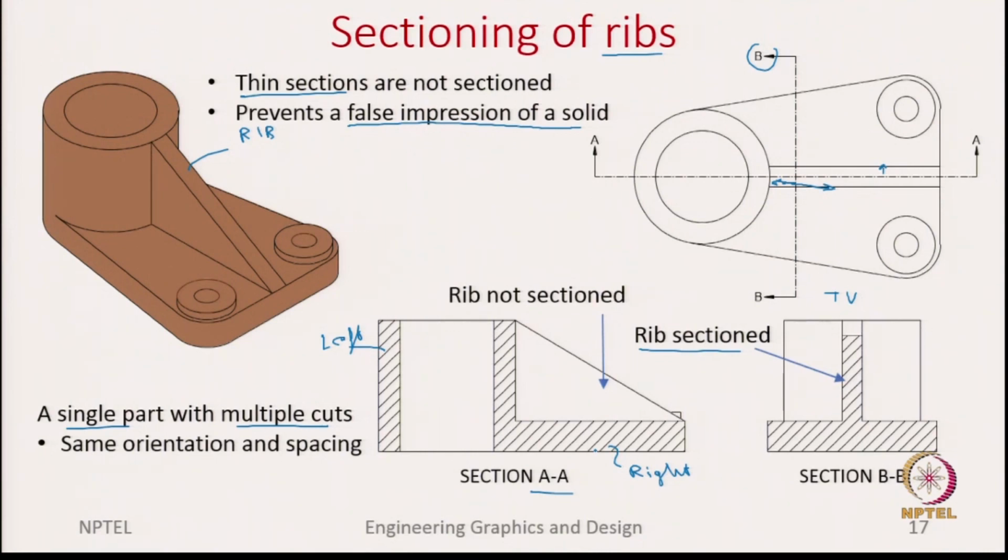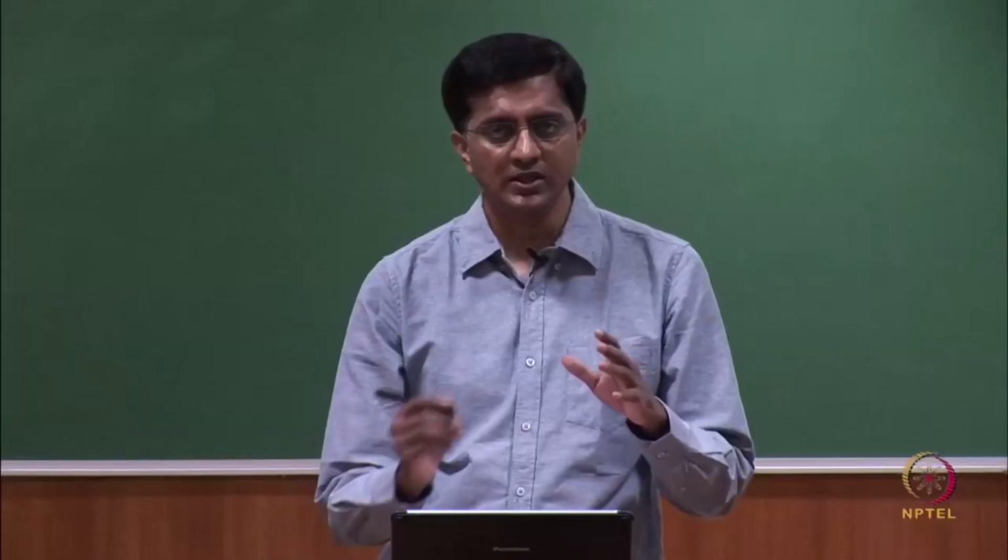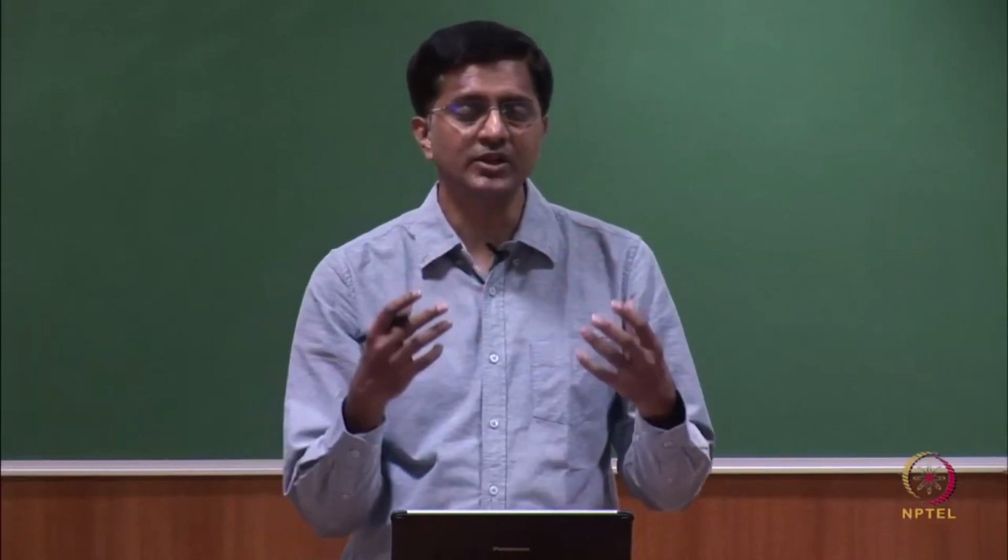So, here is the important point, we need to maintain the same orientation and the spacing. So, if this angle is 45 in the right sectioned area, even in the left sectioned area you should maintain the same angle of 45, same with the spacing. The reason is so that it will be easy for the reader.